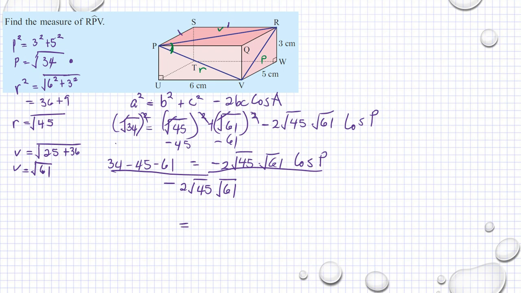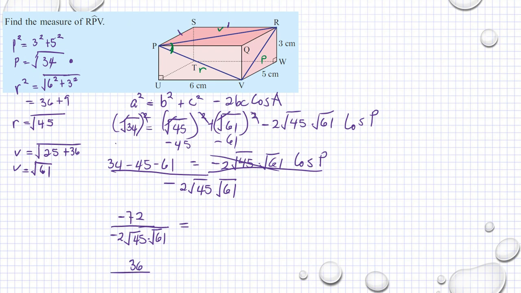That is negative 72. So we have negative 72 divided by negative 2 square root of 45 times the square root of 61. This will become 1 now. And then 72 divided by 2 is 36, I hope.